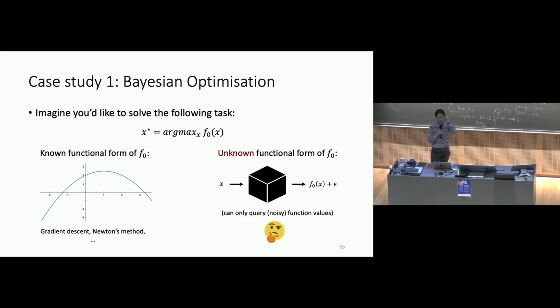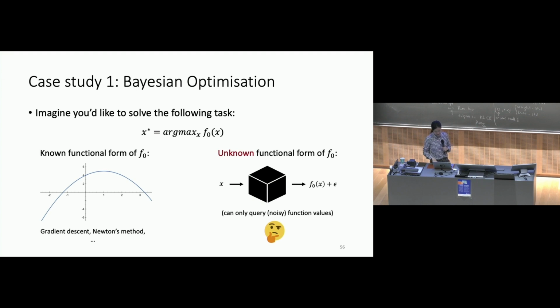So in this case, we assume that we don't know the form of the function, but we can get some noisy values from a black box. Then we can do something with, say, machine learning and Bayesian neural networks.